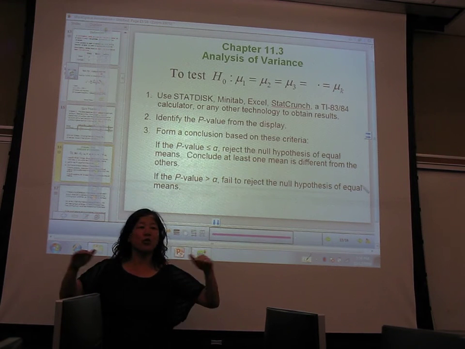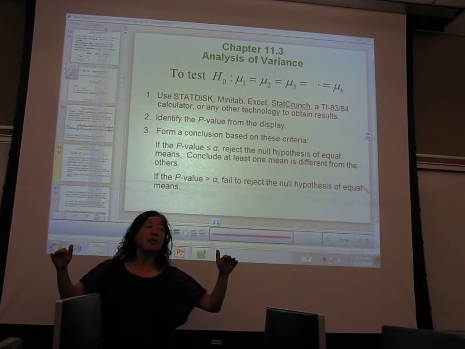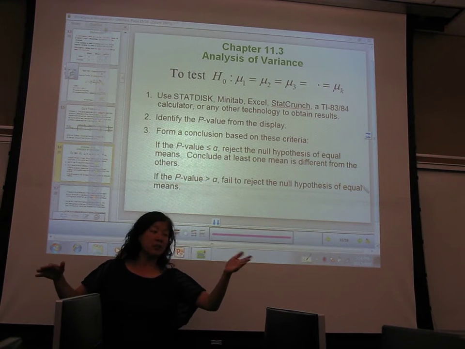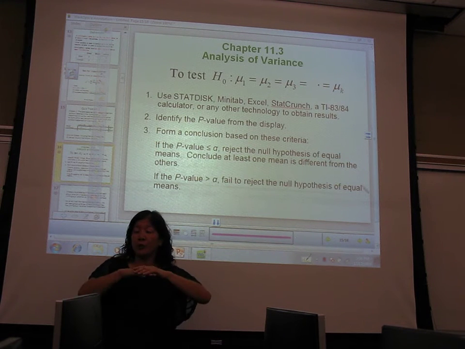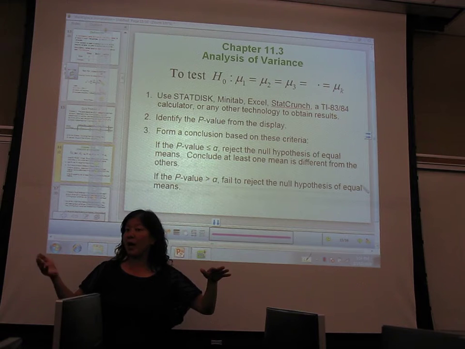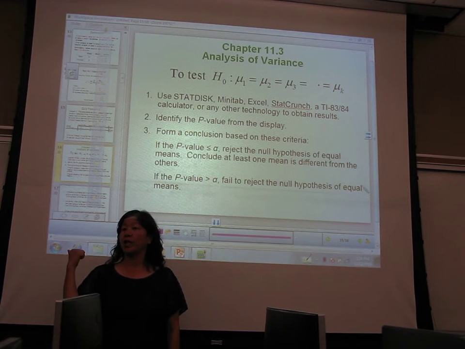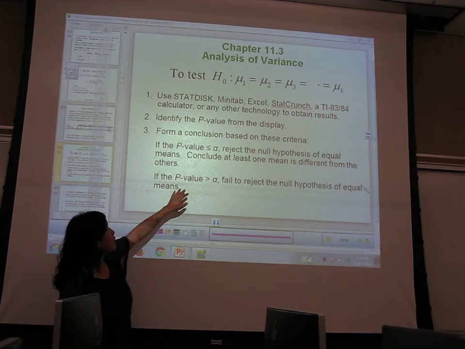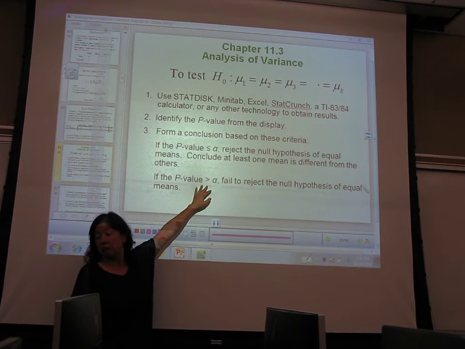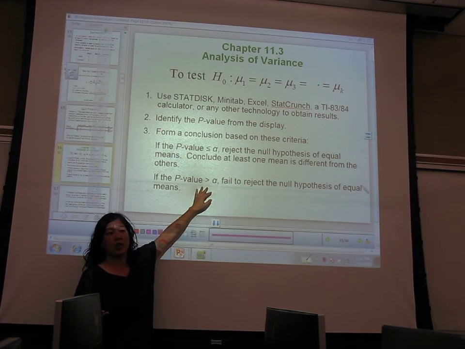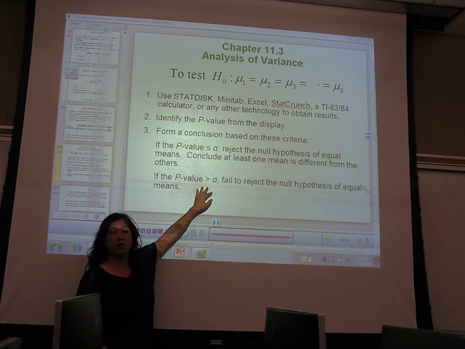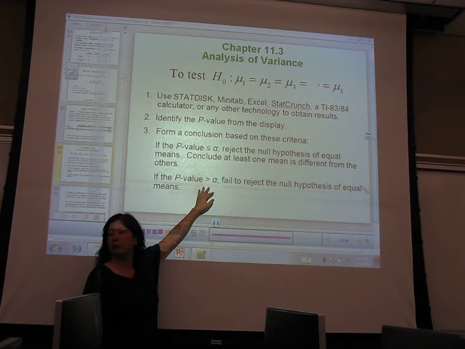What's our guideline for unusual? 5% or less typically. So if your p-value is 5% or less, or whatever alpha is, then it's unusual and you would reject H naught. If your p-value is greater than alpha, then it's not unusual. You would not reject H naught. You didn't get something unusual, so H naught could be fine.